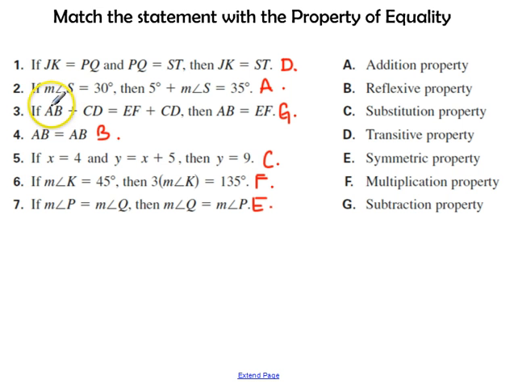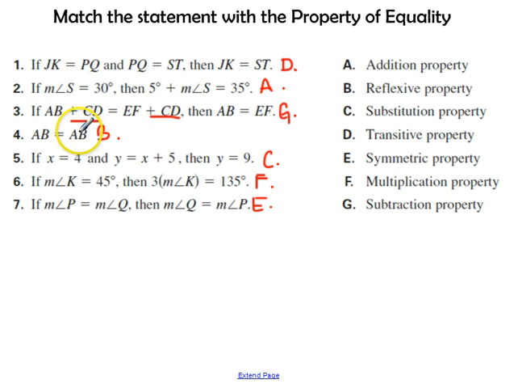We're going from one long equation to a shorter one, and the plus CD from both sides is gone. So we subtracted the length of CD from both sides to have this true equation. That uses the subtraction property of equality.